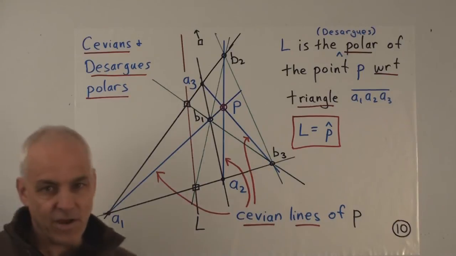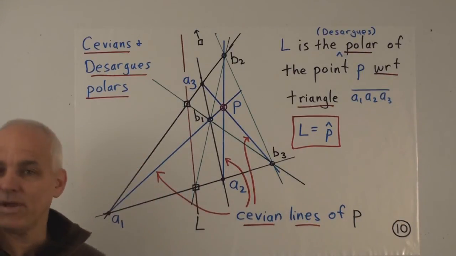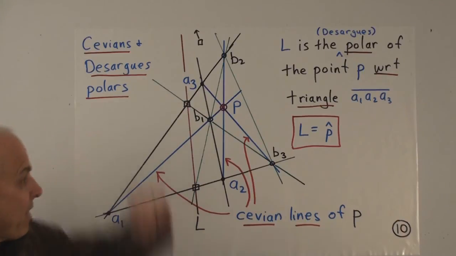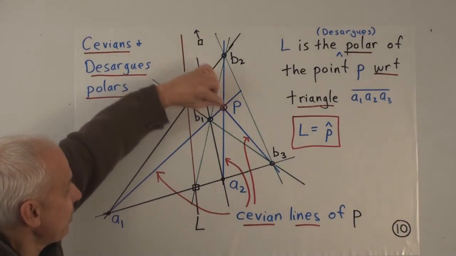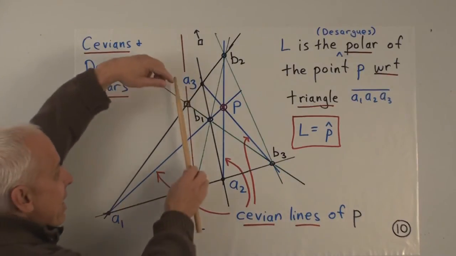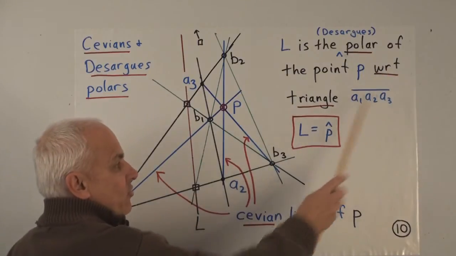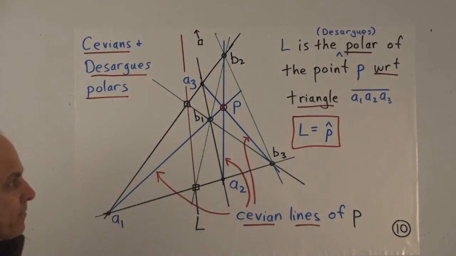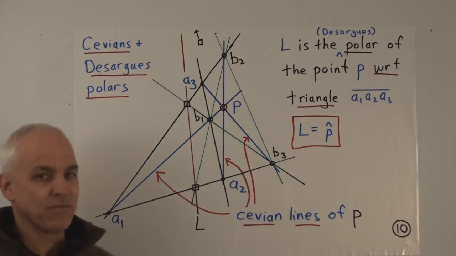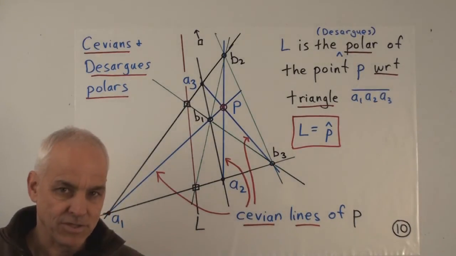So we can think about this now in this way. If we start with this triangle A1, A2, A3, and we fix that triangle, then for every point P, there's an associated line L. And this line L is called the polar of the point P with respect to the triangle A1, A2, A3. It's a different use of the word polar from Apollonius's use.